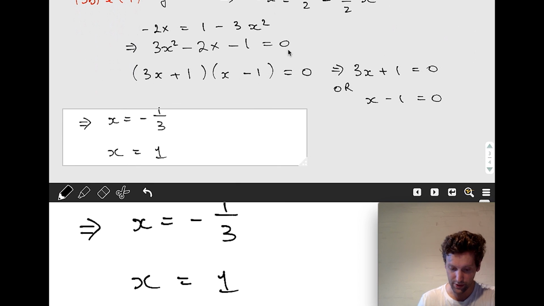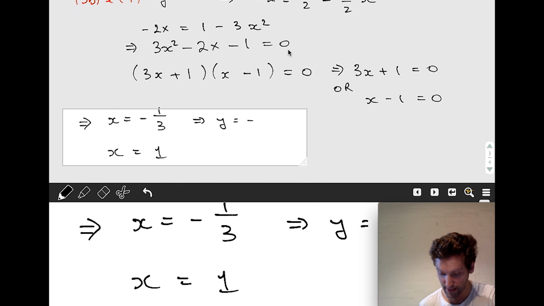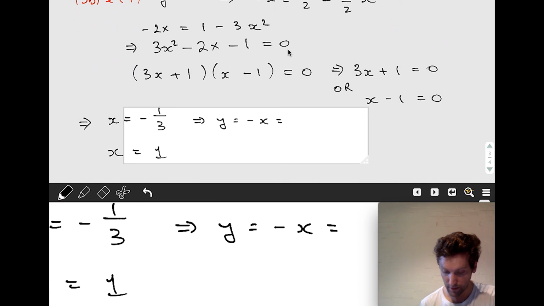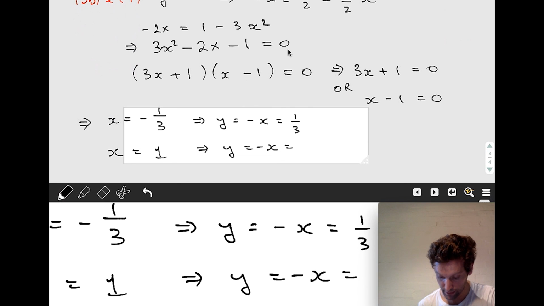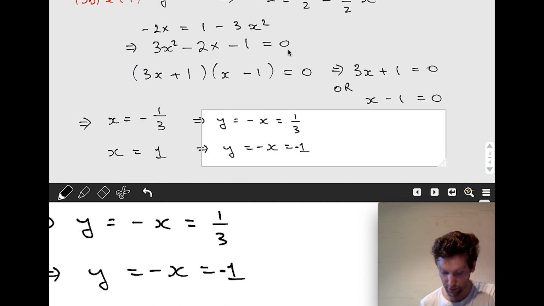Now let's go back and substitute those expressions into our expression for y. Remember that y was equal to minus x in this case, so it's equal to 1/3 for x is equal to minus a third, and it's equal to minus 1 for x is equal to 1. So that gives us two sets of points.